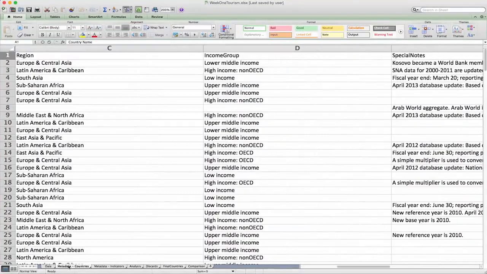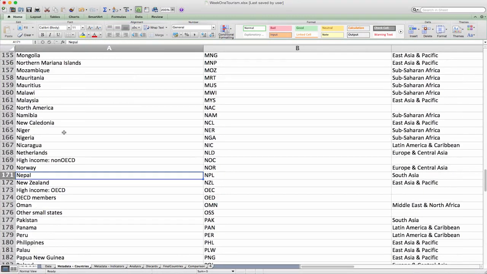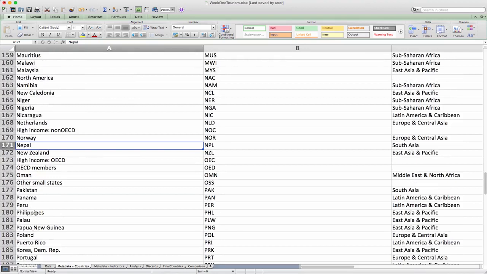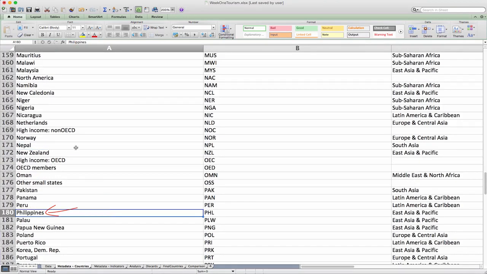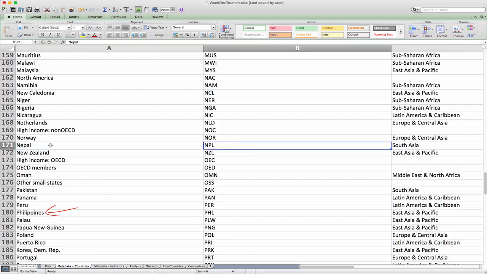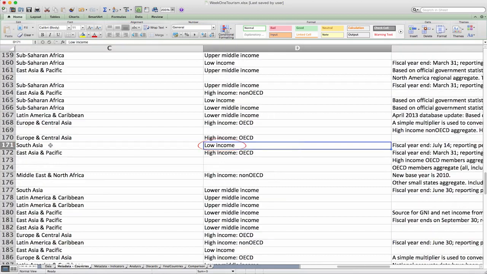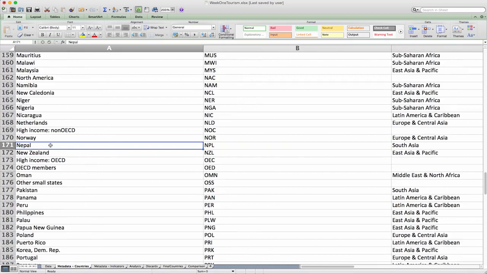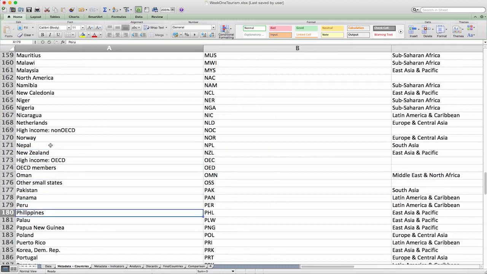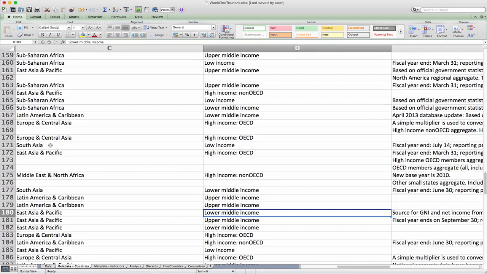Let's look at the metadata countries tab and the income group variable over here. Let me just bold that. So let me scroll down to Nepal, which is at the 171st row over here. And if I were to scroll down to Philippines at row 180, we have Nepal belonging to the low income category of the income group, whereas Philippines belongs to lower middle income.